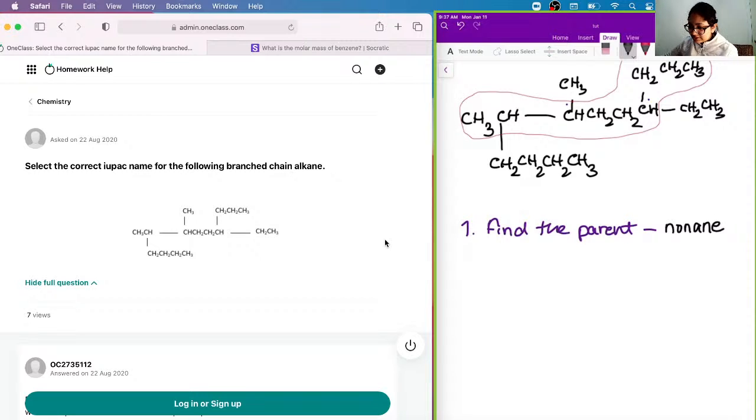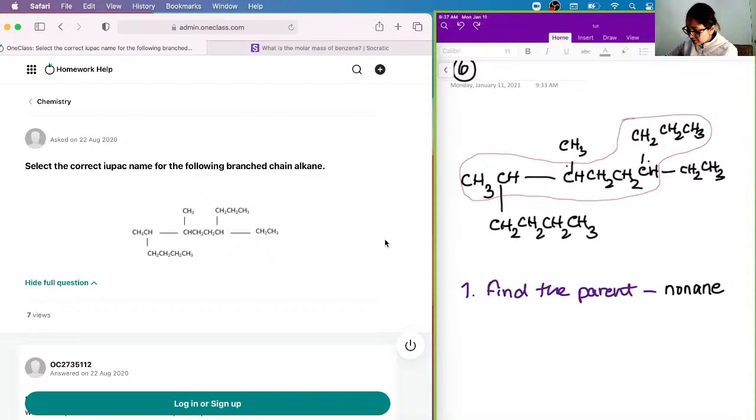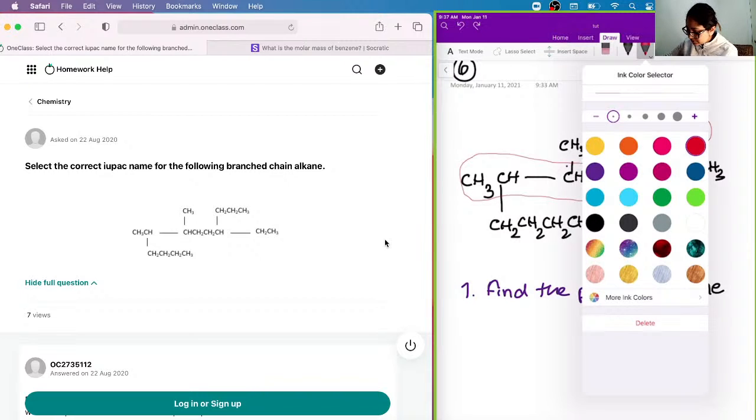The next step would be to identify the groups, or the substituents, attached to the parent chain. Looking back at our structure, this is the parent chain, and we can see that we have 3 groups attached to it. Let me use another color for that.